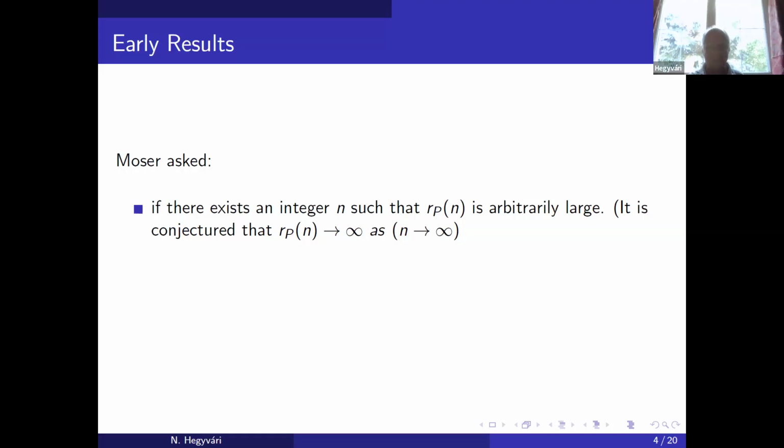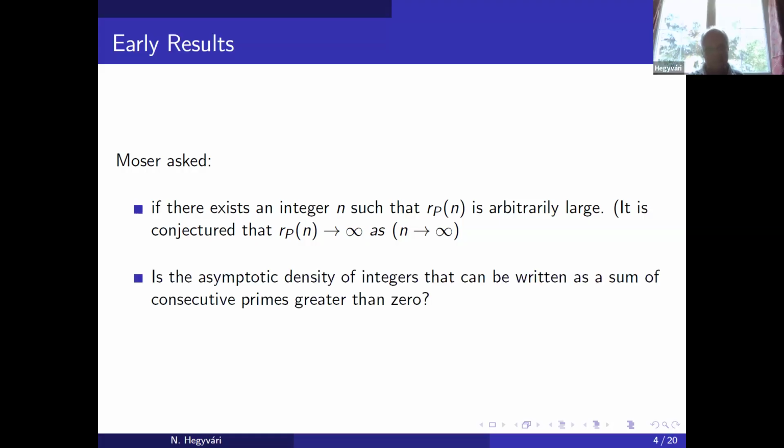It seems to me hopeless to determine it. The next one may be a little more reasonable: is the asymptotic density of integers that can be written as a sum of consecutive primes greater than 0 or not?